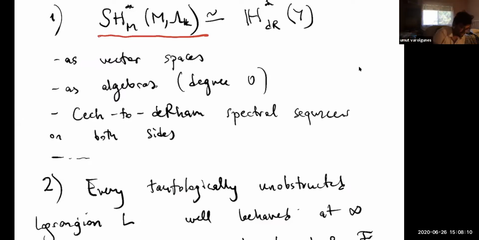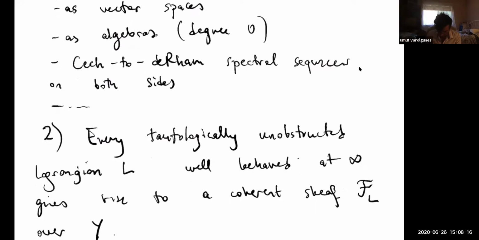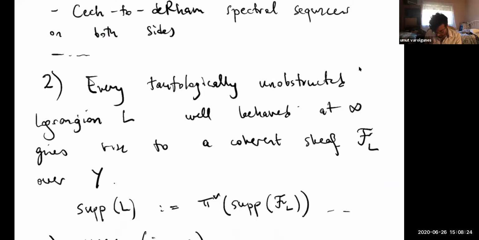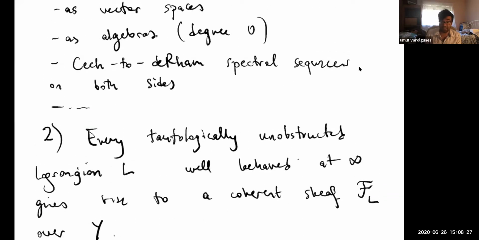Yeah, I mean, there's probably a higher degree. There are higher degree versions to it. I didn't mean to claim. I'm going to restrict to degree 0 for now. I mean, are you saying that this cannot be true? There are algebra structures on both sides, right?